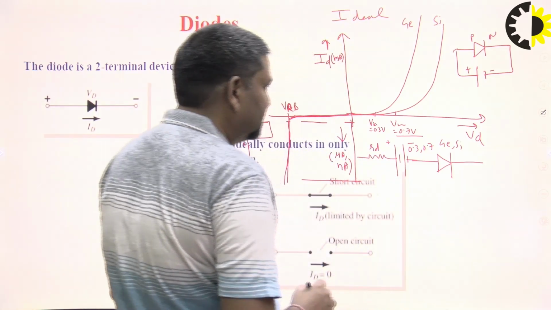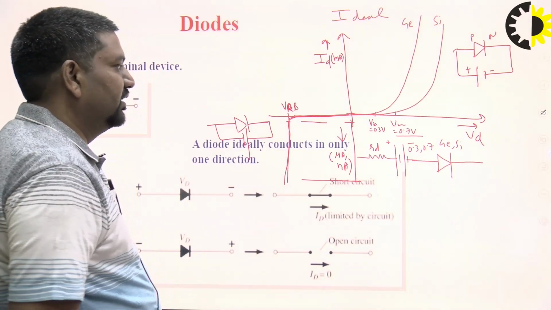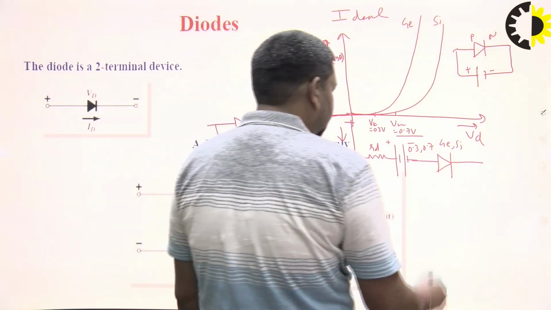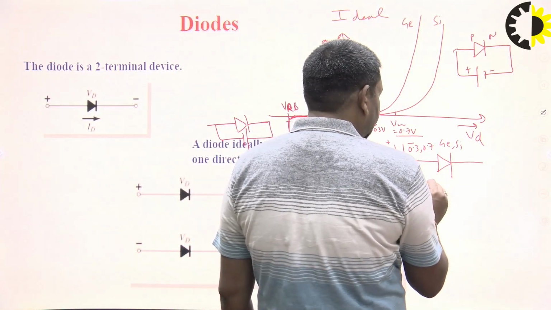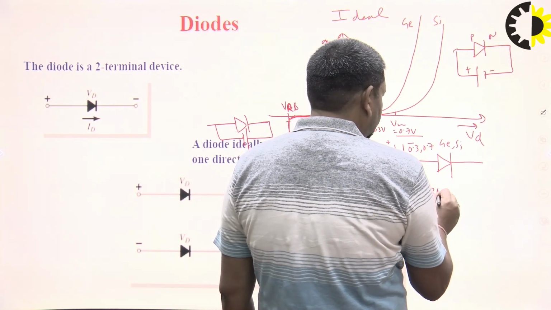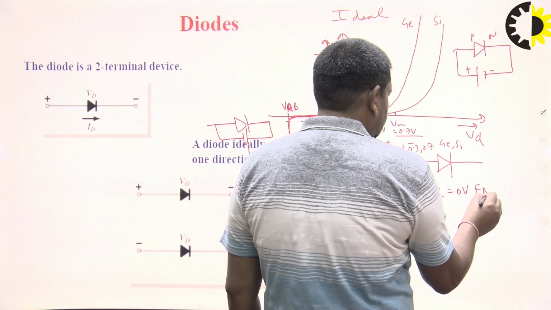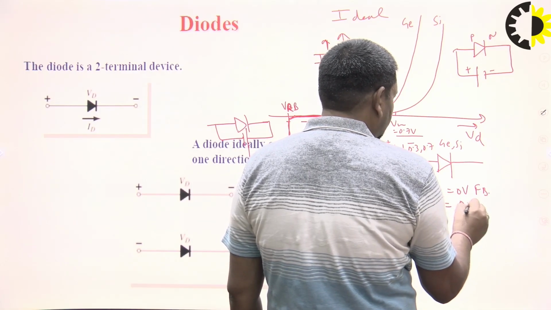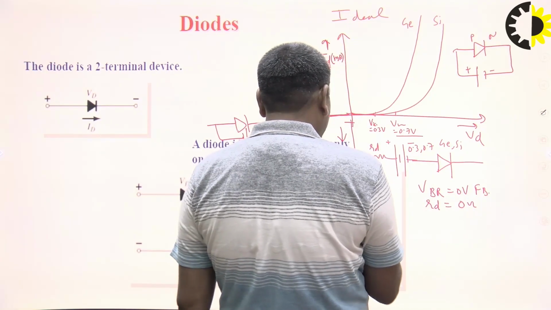For forward bias, the diode resistance is ideally 0, but in reverse bias, the diode resistance should be infinity. The condition of an ideal diode is that the cut-in voltage should be 0 volt in forward bias and the diode resistance should be 0 ohm. What is the meaning of diode resistance being 0 ohm? This is a short circuit.